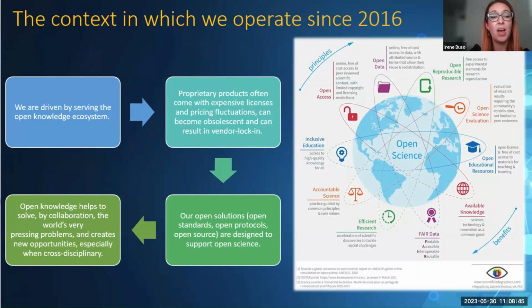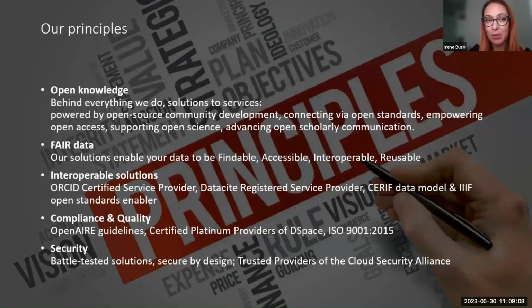And we do not want so. So we believe that open knowledge helps to solve, by collaboration, all the world's pressing problems, creating new opportunities through dissemination. And all our solutions are designed to support open science in this regard.